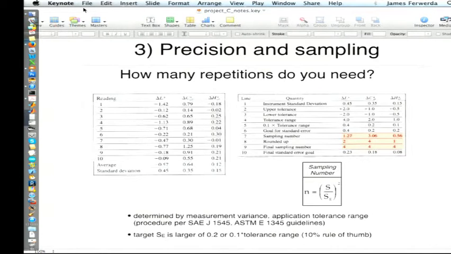And it says to achieve this level of precision, this one, you need to do 1.27 measurements on that sample. Okay, well you can't do 1.27 measurements, so you have to do two measurements. Okay, same here. 3.06 gets rounded up to 4, and 0.56 gets rounded up to 1.